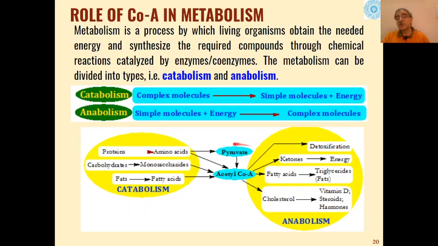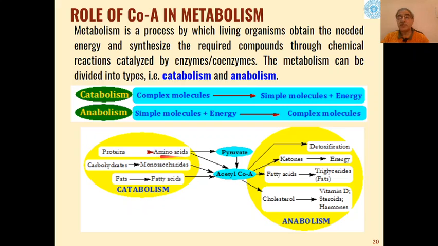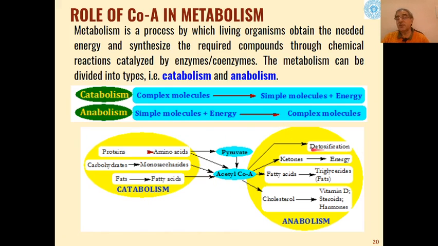That energy will be used up in reaction of the pyruvate to convert this into acetyl coenzyme A through decarboxylation reaction. Then carbohydrates can be converted into monosaccharides. Monosaccharides are simple molecules, carbohydrates are complex molecules. Fats are complex molecules, fatty acids are simple molecules. And energy released during these catabolism reactions will be used up for conversion of pyruvate into acetyl coenzyme A. Then coenzyme A can be used for detoxification.